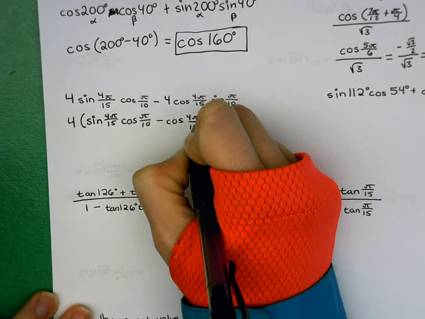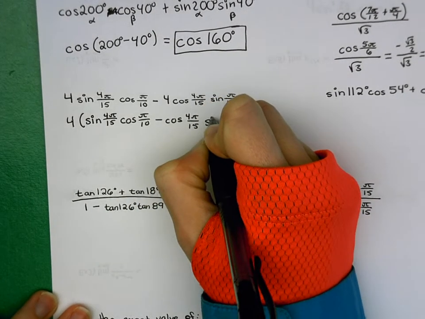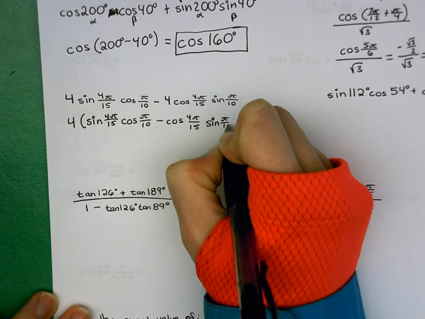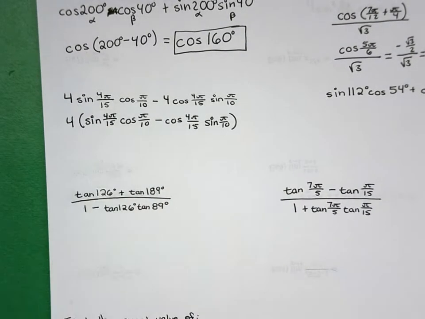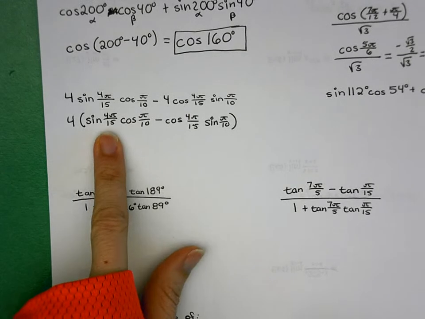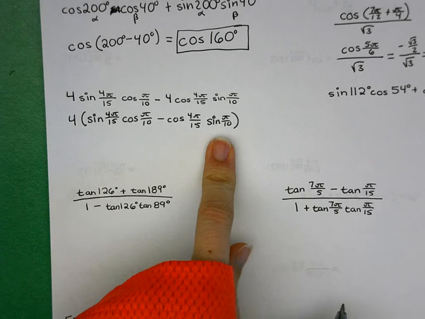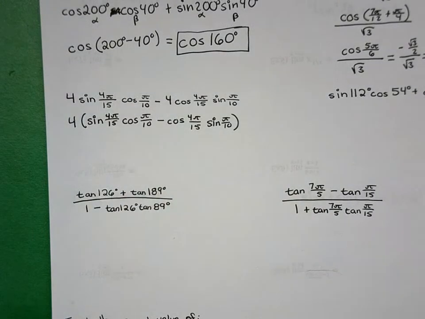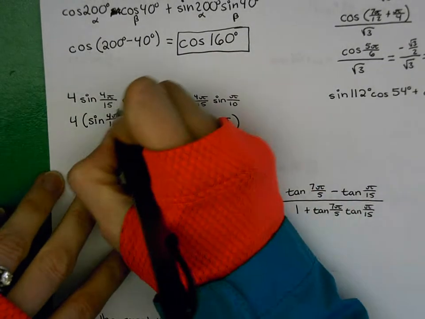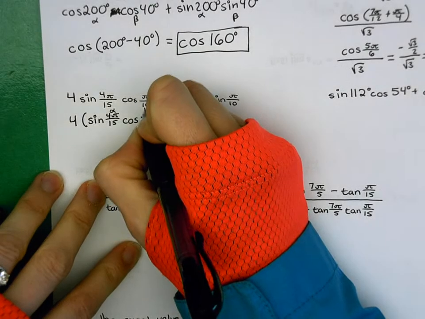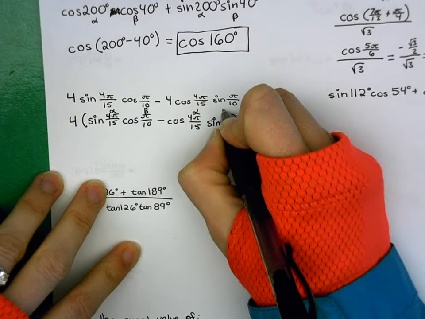What I'm left with then is 4 times sine of alpha cosine of beta minus cosine of alpha sine of beta, which matches again the sine alpha minus beta. This here would be my alpha, beta, alpha, beta.